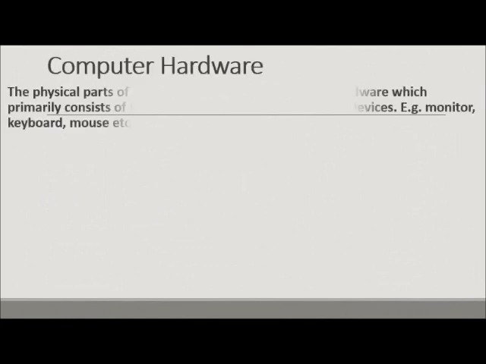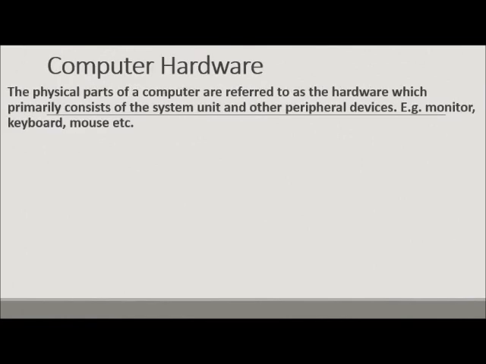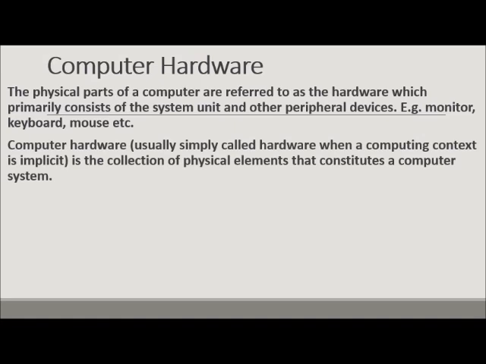Computer hardware. The physical parts of a computer are referred to as the hardware, which primarily consists of the system unit and other peripheral devices, for instance, monitor, keyboard, mouse, and so on. Computer hardware, usually called hardware when a computing context is implicit, is the collection of physical elements that constitute a computer system.